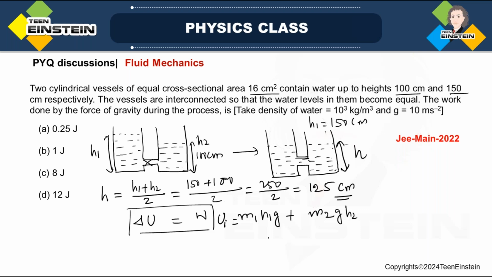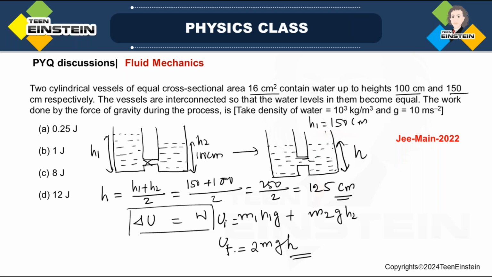And the final one is water only. The final one will have the same density, same height, same volume, so they will have the same mass. So 2mg into the height, this much I can say.